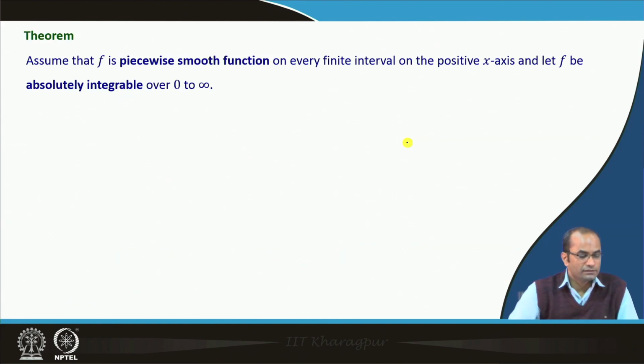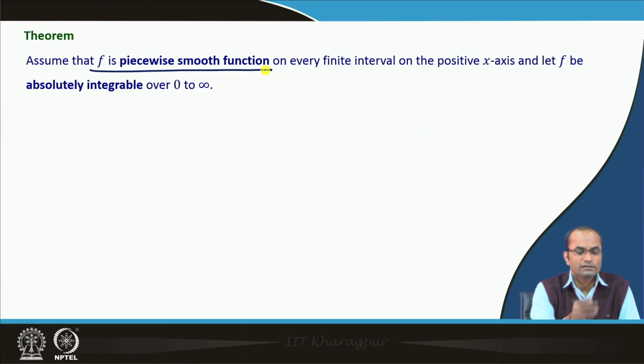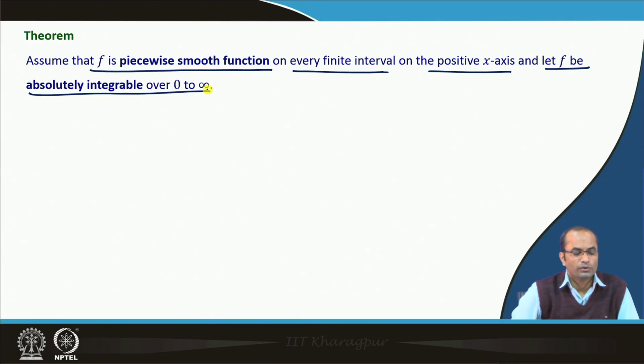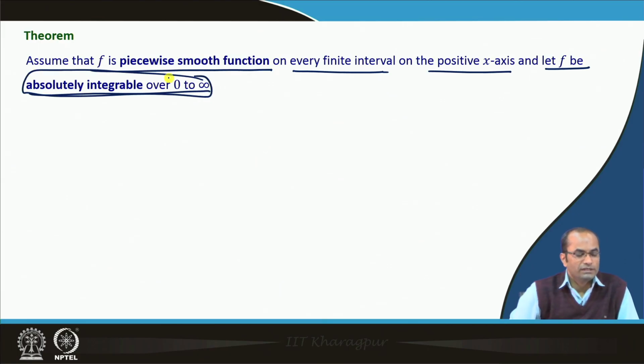So, we can summarize this result now. Suppose f is a piecewise smooth function, the conditions are the same as discussed earlier, on every finite interval on the positive axis, and let f be absolutely integrable. That is important here for the transition from Fourier series to this Fourier integral representation; we have an additional condition on f to be absolutely integrable.